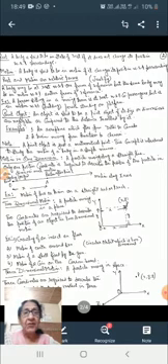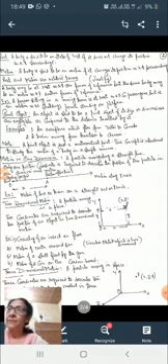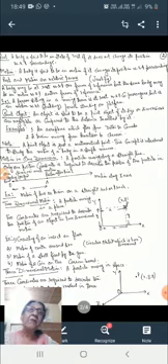A person sitting in a moving train is at rest with respect to co-passengers but is in motion with respect to platform, with respect to trees, buildings outside the train. If you miss this word sitting and say a person in a train, then if the person is moving inside the train, he will not be at rest with respect to his fellow passengers.